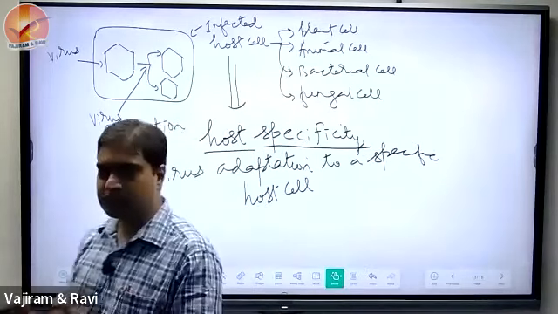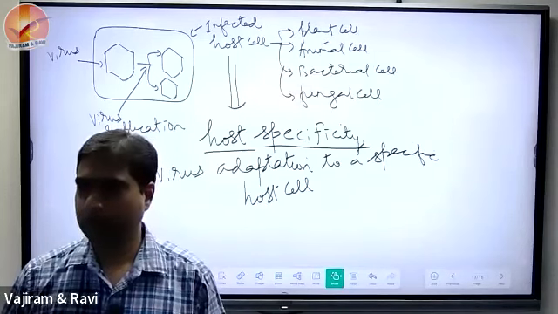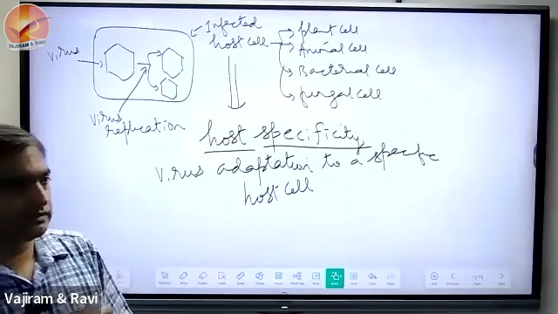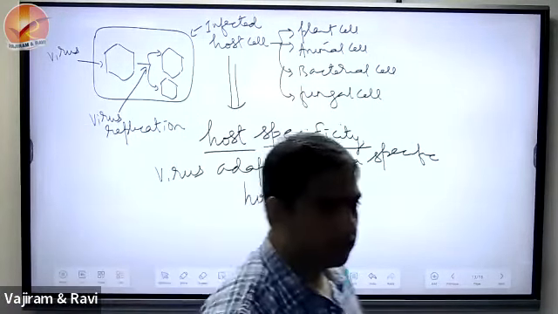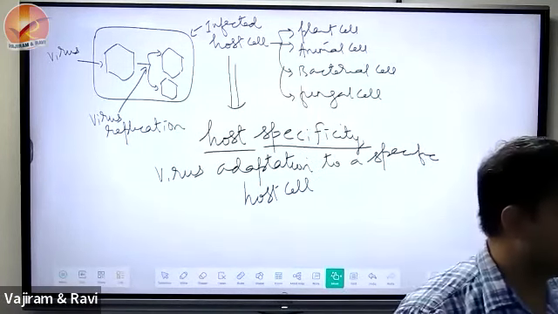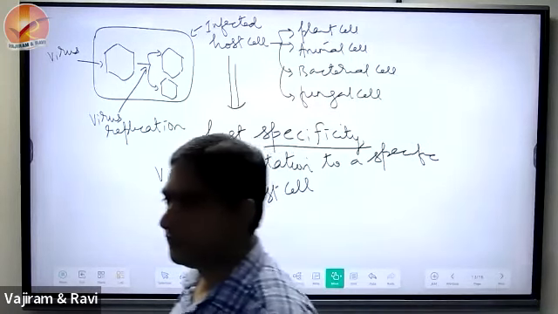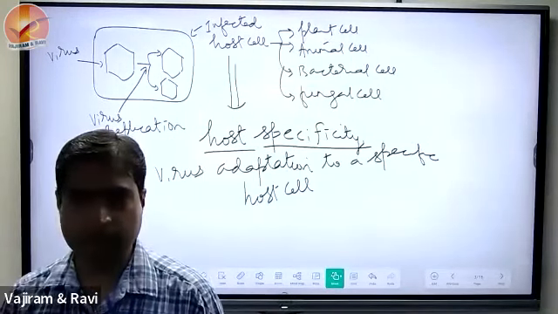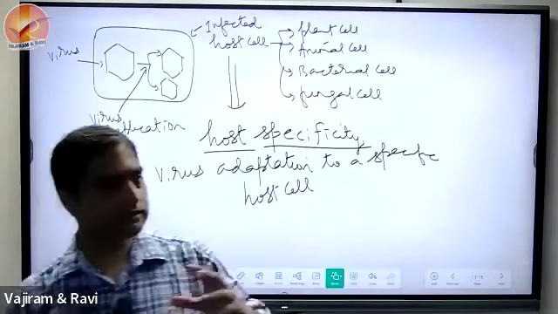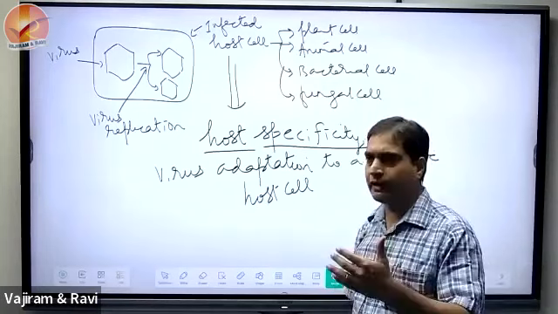So every virus has adapted to a specific host cell. For example, lumpy skin disease. Lumpy skin disease is caused by a virus. That virus multiplies where? In the cattle, in the animal. But it does not multiply in the human body, isn't it? So viruses have specific hosts. So there is adaptation of virus to a specific host.